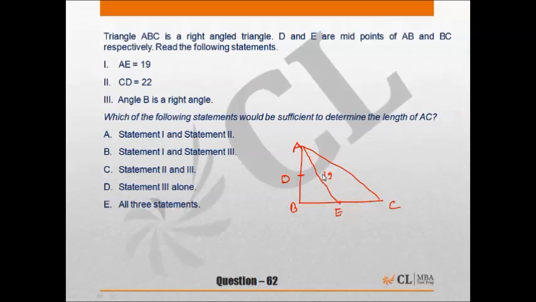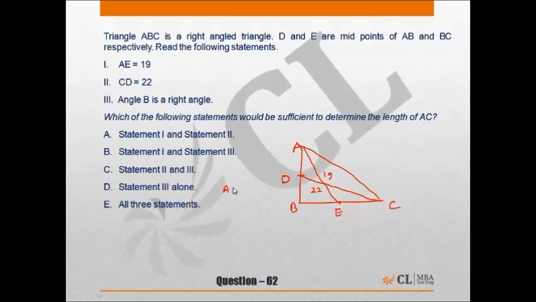So let's consider the second statement as well, according to which the length of CD is 22 centimeters. So now let's try to find out whether it is possible to find the length of AC or not.